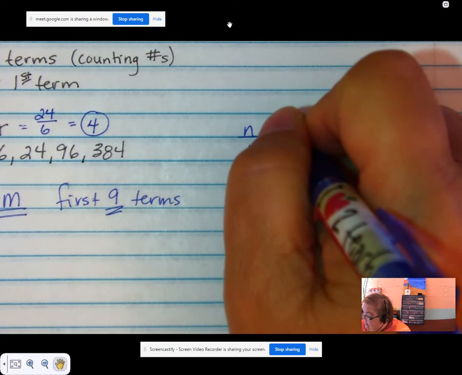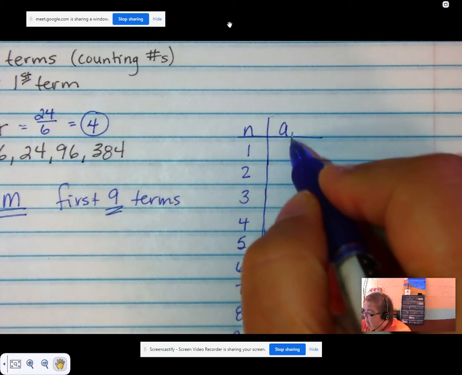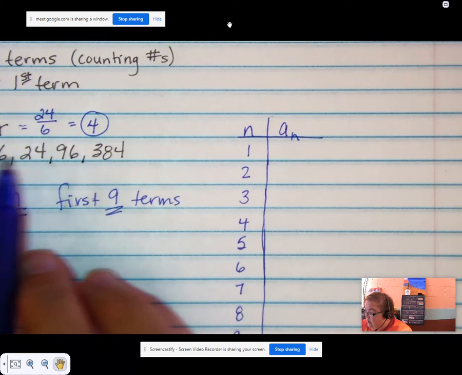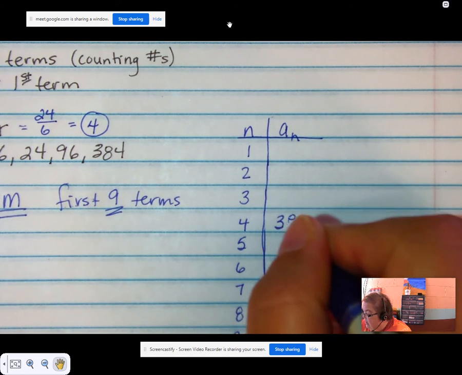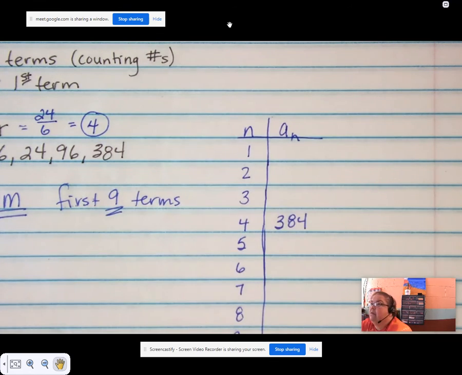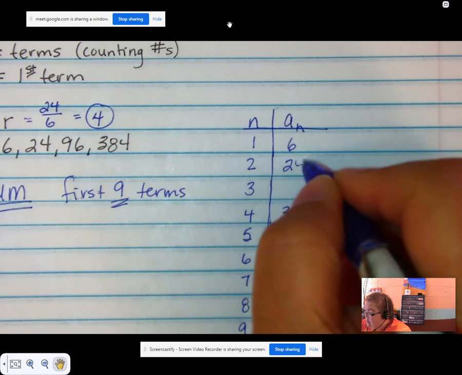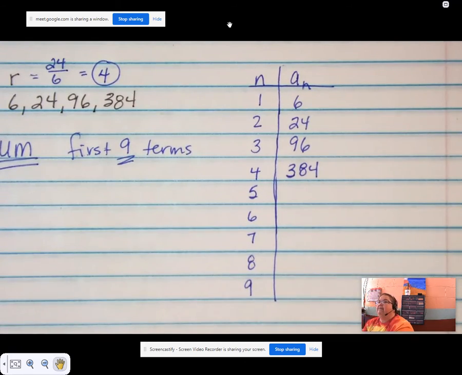And these are my f of n, or a sub n. Now, I already know 1, 2, 3, 4. My fourth term is 384. I already know that, because 6, 24, 96, 384, I've got to find those first 9 terms.